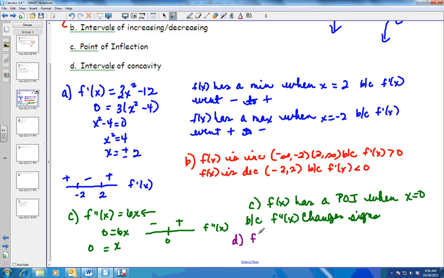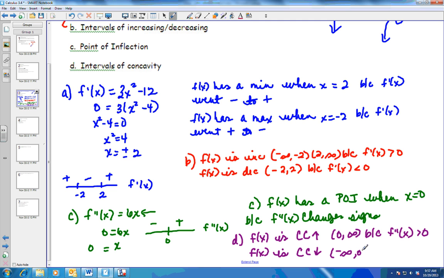So I'm going to write f of x is concave up, and that's what I'll write each time, CC and then my up arrow, from 0 to infinity, because my second derivative is greater than 0 there. And f of x is concave down from negative infinity to 0, because my second derivative is less than 0.